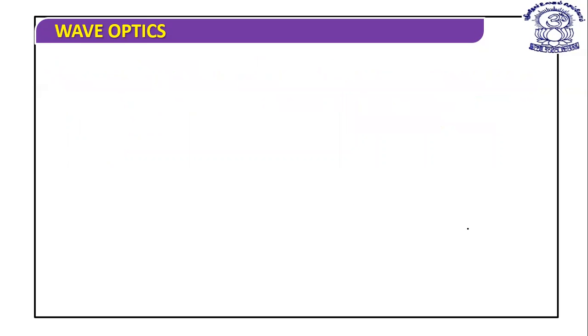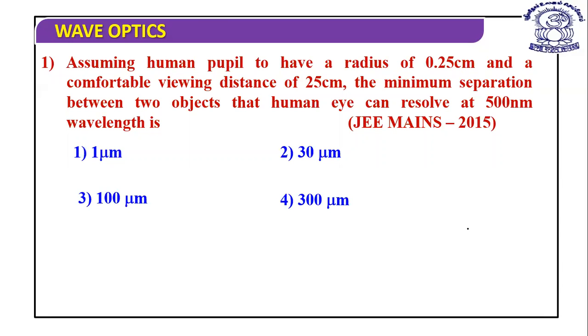Assuming human pupil to have a radius of 0.25 centimeter and a comfortable viewing distance of 25 centimeter, what is the minimum separation between two objects that human eye can resolve at 500 nanometer wavelength?